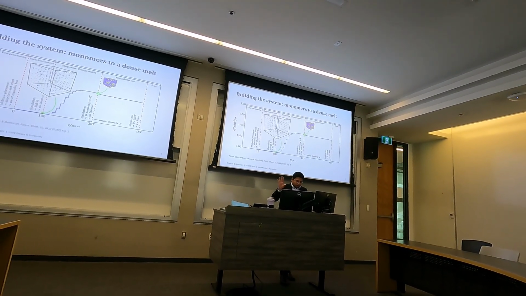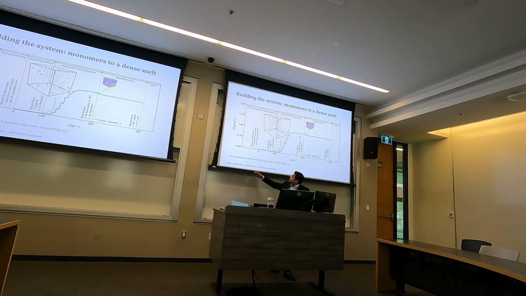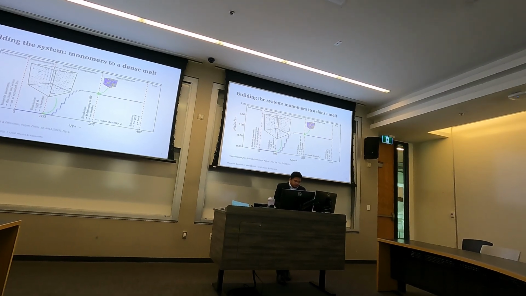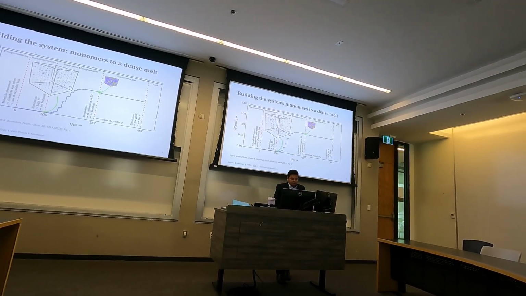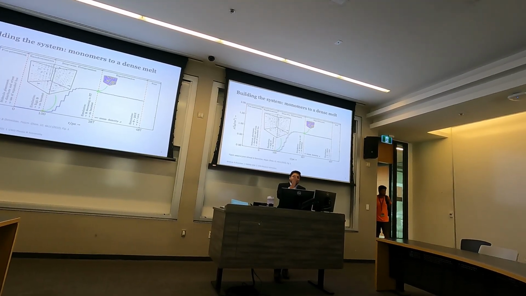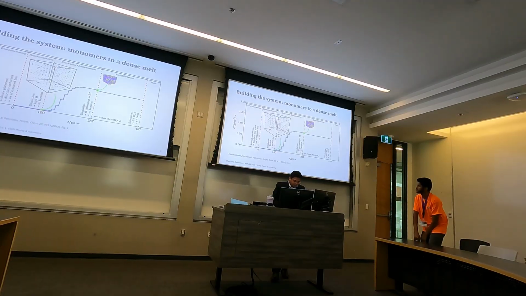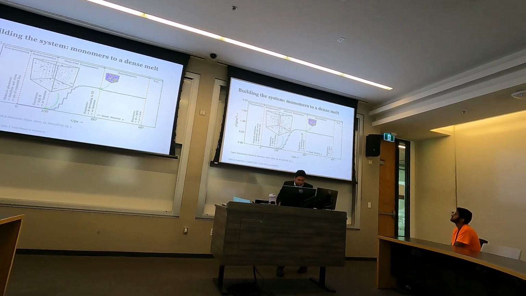We then randomize the molecular orientation at a high temperature. Then we compress this box in a stepwise compression in an NPT ensemble, the same number of molecules at a constant pressure and a constant temperature. That's the staircase process that you see here.